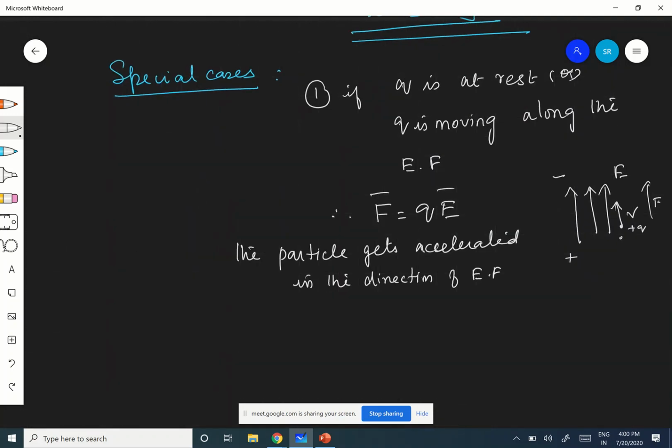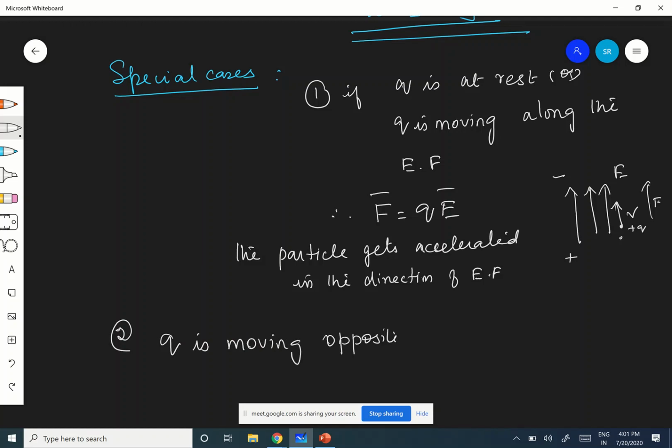Now the second case. What is the second case? When the charged particle, that is the positive charge particle, plus Q, is moving opposite to the direction of the electric field.